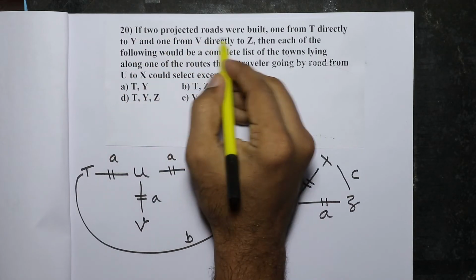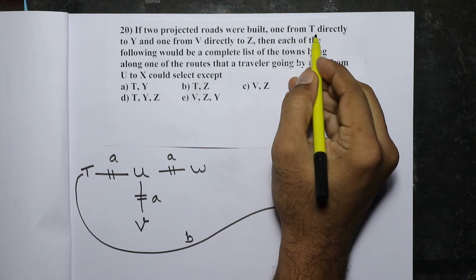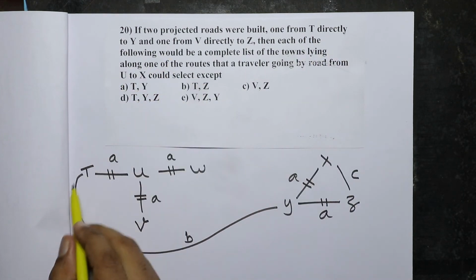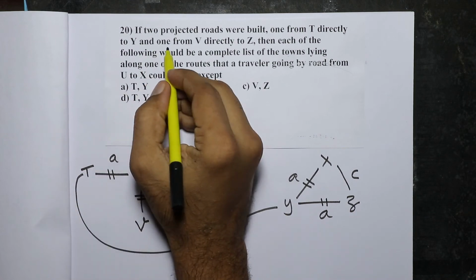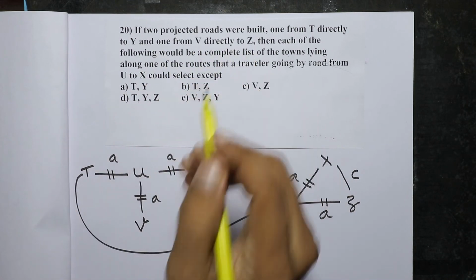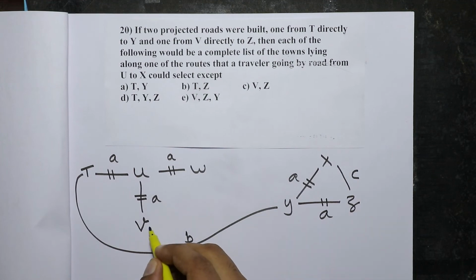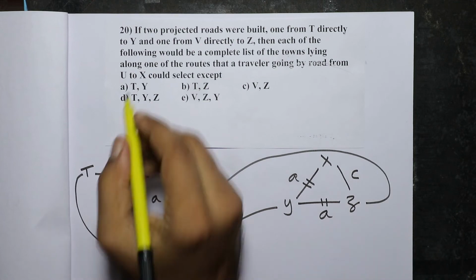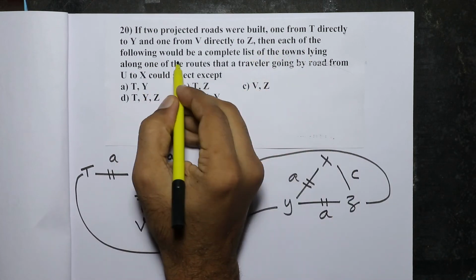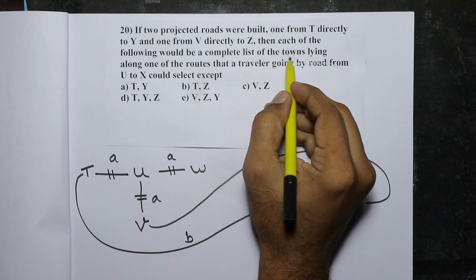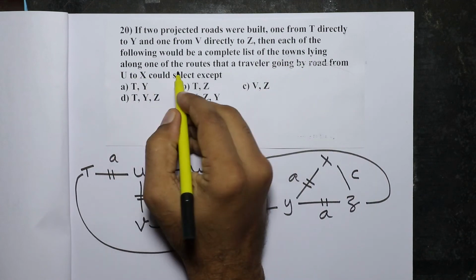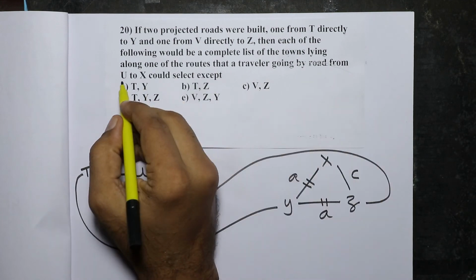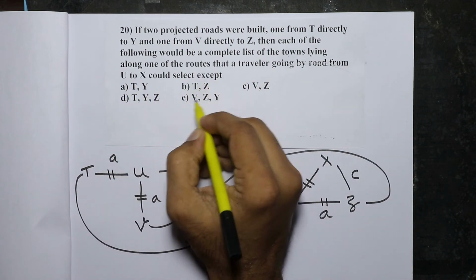If two projected roads were built, one from T directly to Y, we have that road here, and one from V directly to Z, so we can have the road like this, then each of the following would be a complete list of towns lying along one of the routes that a traveler going by road from U to X could select, except what?